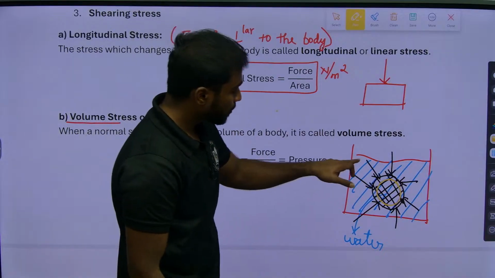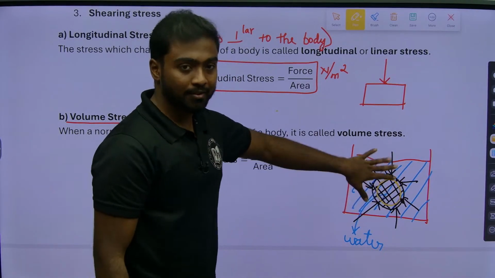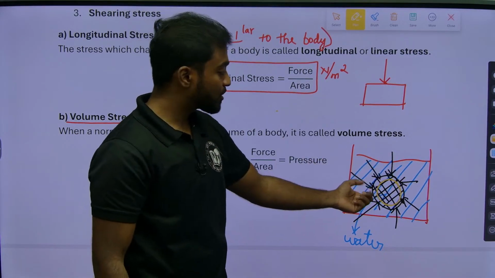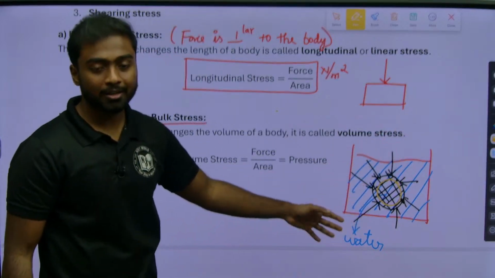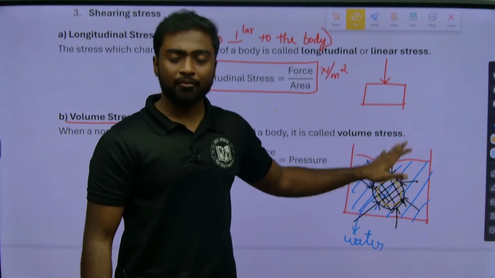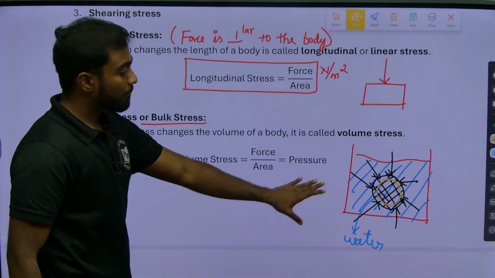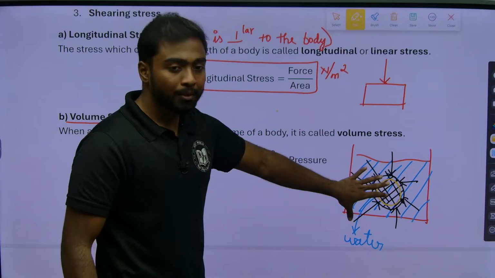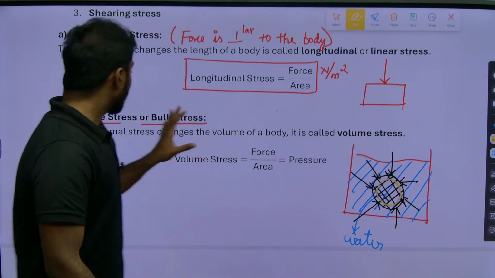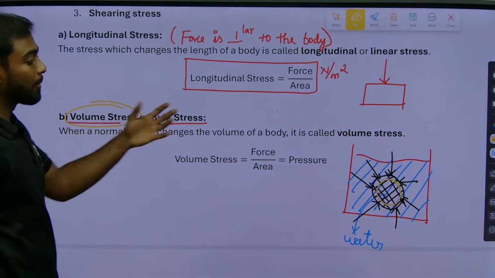This one we will see in strain, how it has changed: change in length by original length and change in volume by original volume, everything we will see from the strain point of view. But I am giving the diagrammatic point of view where we can see the volume stress or bulk stress.